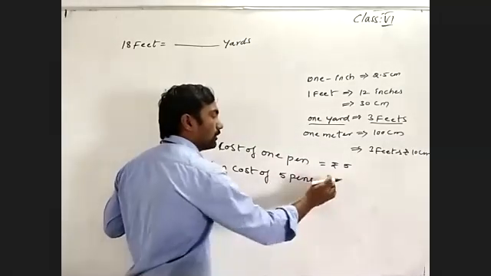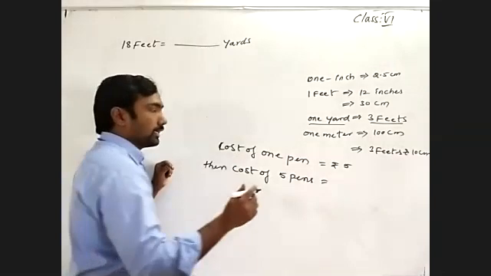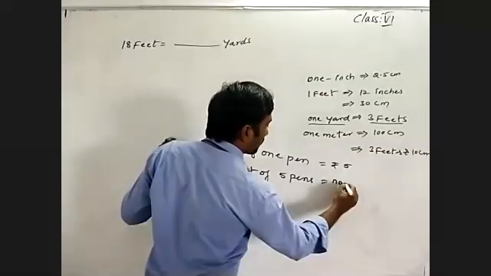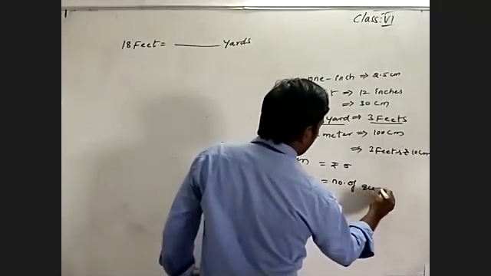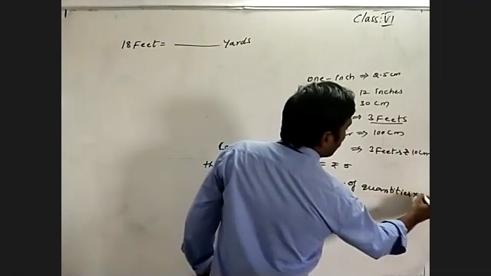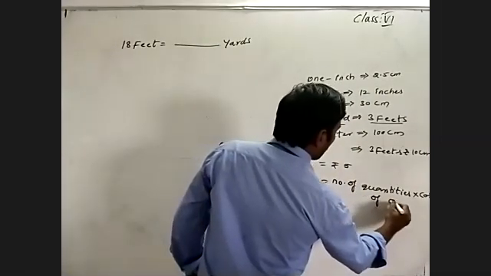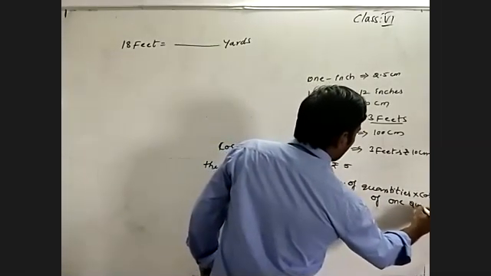So to find the cost for a number of quantities, what do you have to write? Number of quantities into cost of 1 quantity.